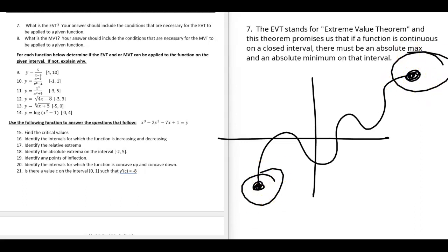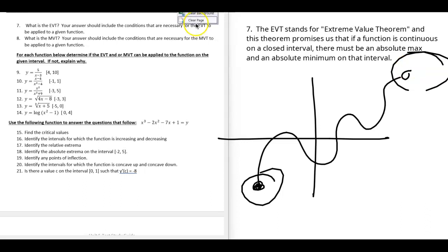It doesn't really matter how you graph it. But as soon as there's a gap in the function of some kind, well, the EVT says, well, now we're not really sure it exists. So the EVT doesn't tell you where they are, it just tells you that they are.